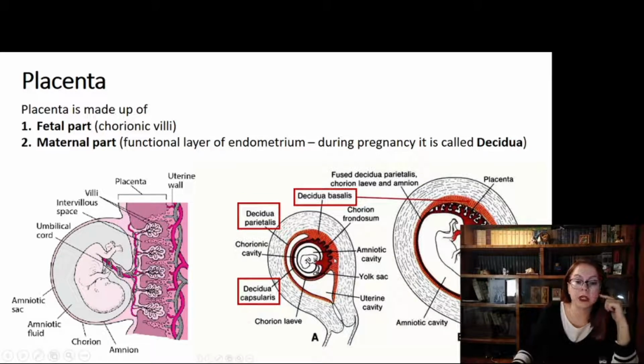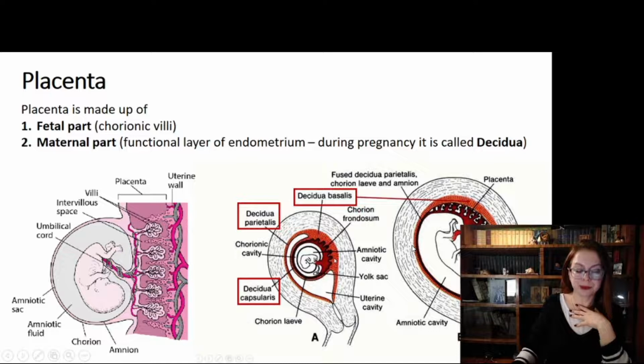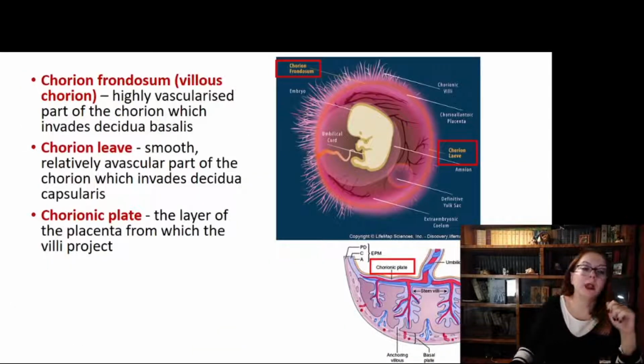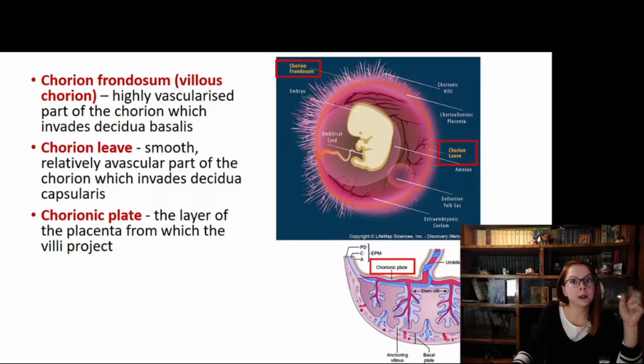Later on, as you can see, the embryo enlarges and the amnion gets fused with the decidua. So they become fused one with another. Okay, let's continue. Then also several terms you have to remember.